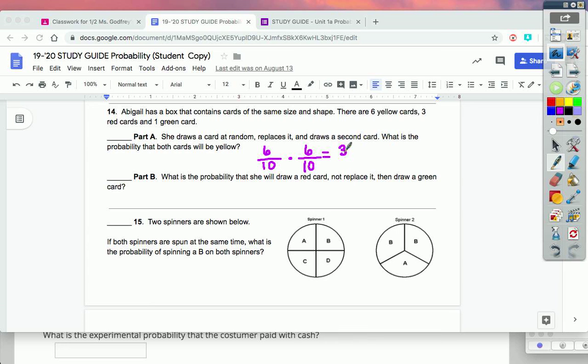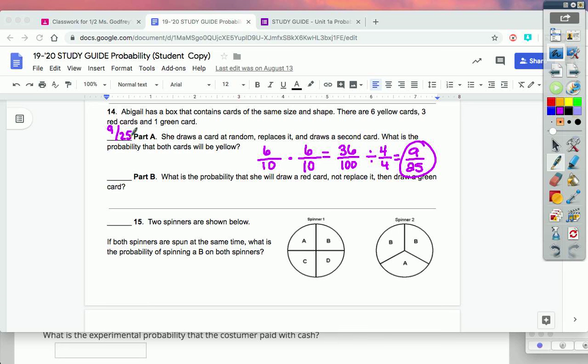That's 36 over 100. 6 times 6 is 36. 10 times 10 is 100. This can be reduced by using 4. That will give you 9 over 25. This is your answer. 9 over 25. Okay? Any questions here?